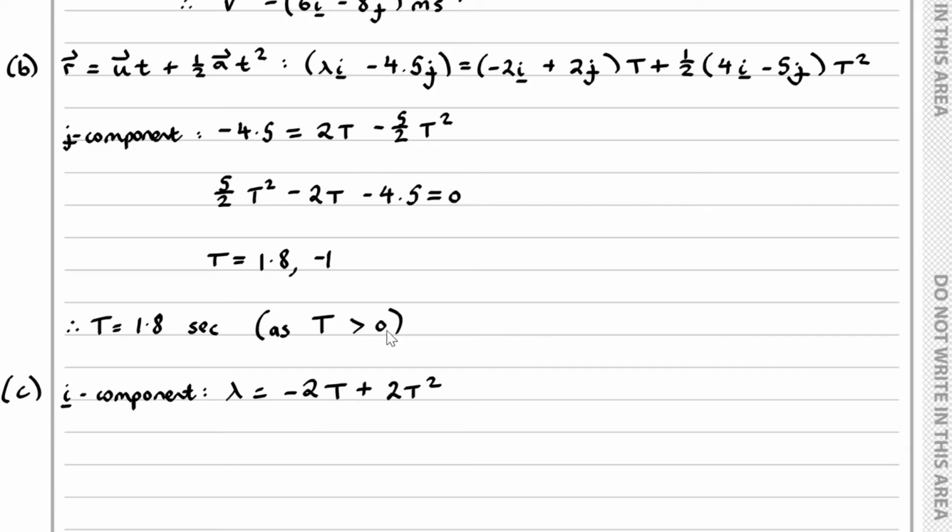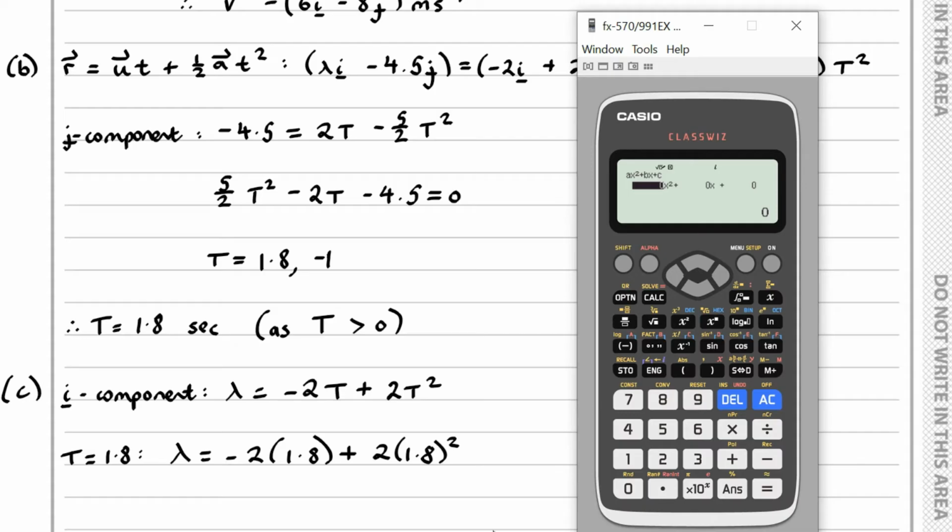So substituting t equals 1.8, when t is equal to 1.8, lambda is equal to minus 2 lots of 1.8 plus 2 lots of 1.8 squared.